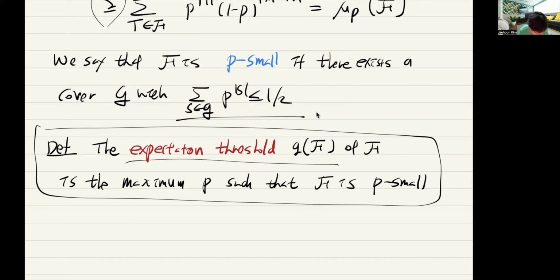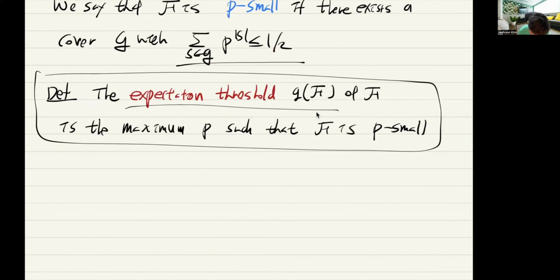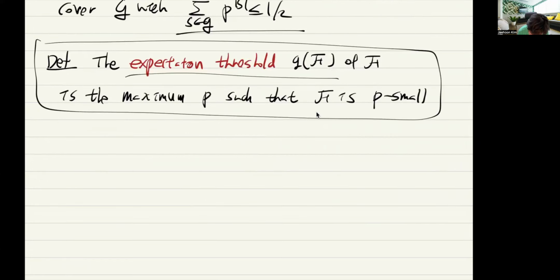That's your expectation threshold. And Kahn and Kalai conjectured that this expectation threshold times log of the size of the largest edge in your hypergraph is an upper bound for the threshold.